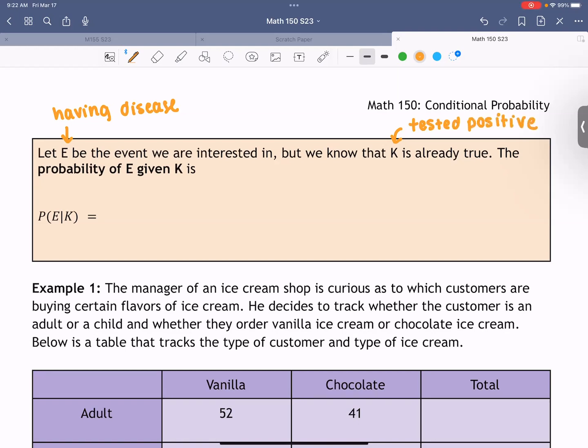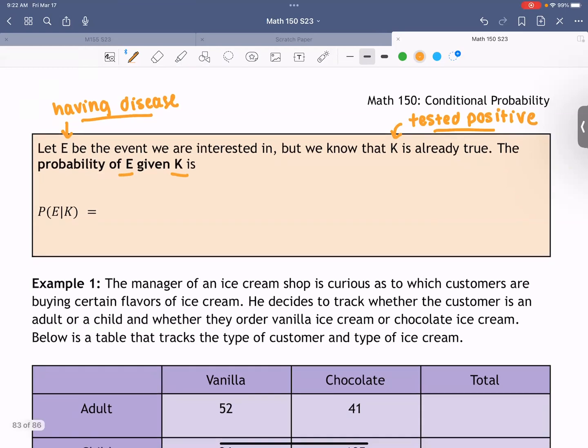What we were doing on the last page is trying to find the probability of having the disease, given that I already know that we tested positive. So there's previous information going in before I find the probability. It makes the total a little bit less, right? We're going to call that the probability of E given K is true.